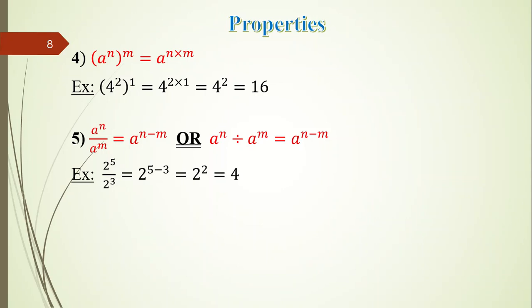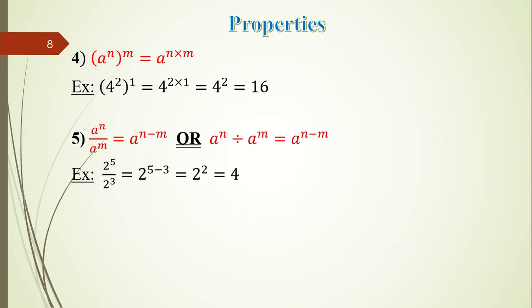So here we have 2 power 5 over 2 power 3. Here we have the same base and we have divide, so we have to subtract the powers. Since the power 5 is greater than power 3 and power 5 is in the numerator, we should write the answer in the numerator, okay?